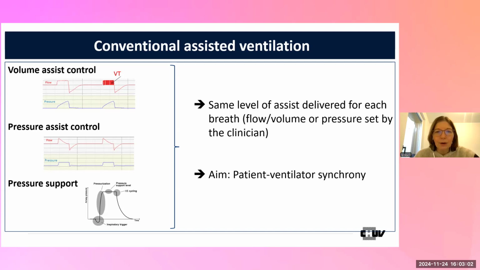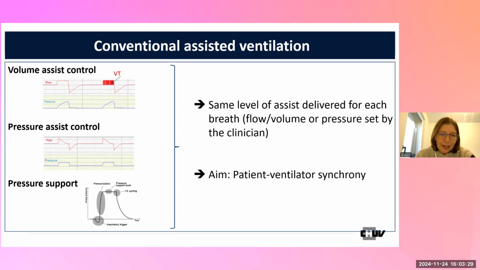For all those three standard modes of mechanical ventilation, we have two very common features. First, the same level of assist is delivered at each breath. And this level of assist is set by the clinician and is not related to the patient's demand. This is very typical of the conventional assisted ventilation modes.